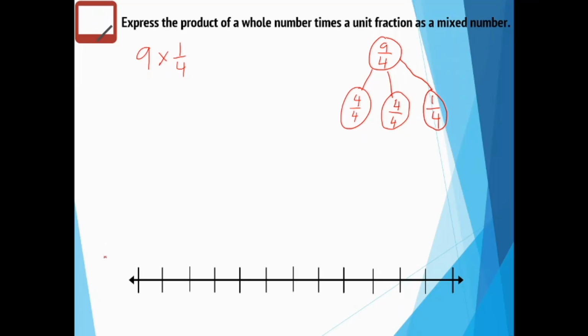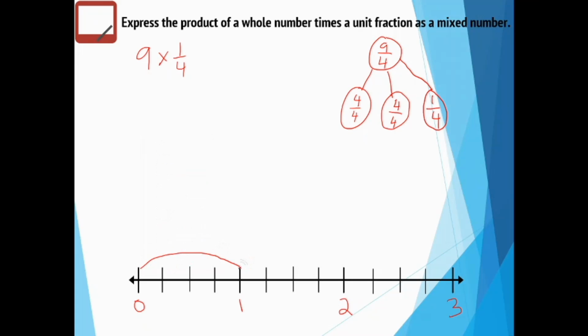Now, I'm going to fill out this number line just like this. And I want you to draw a number bond or a number line that represents this number bond. Okay? So go ahead and draw that on your number line. All right, hopefully you drew something like this, because you know that 4/4 equals one whole.